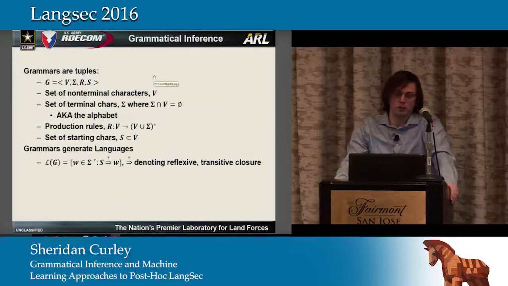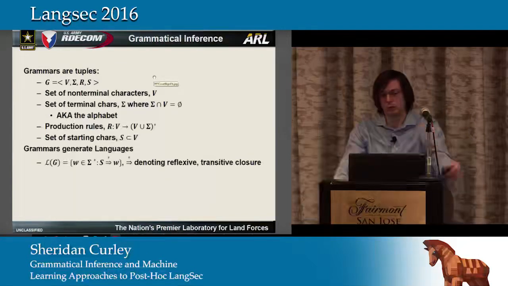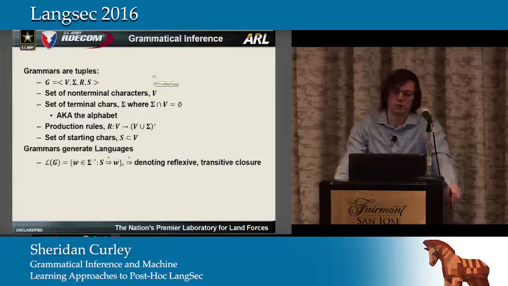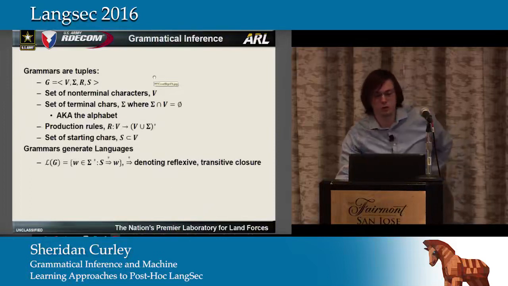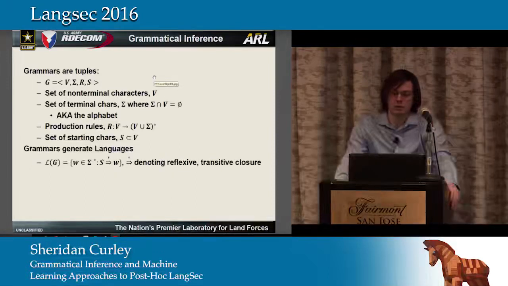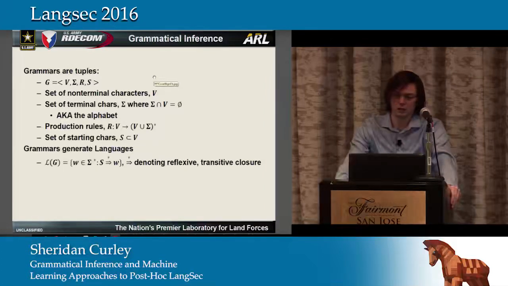So to start from first principles in grammatical inference, we can think of grammars as a tuple where we consider a set of non-terminal characters, and a set of terminal characters, which is disjoint from the non-terminals. The terminal characters can be thought of as the alphabet. That's if you see an actual word, the terminal characters are what you're looking at. A set of production rules that gets us from the non-terminals to the Kleene star set of terminals and non-terminals.